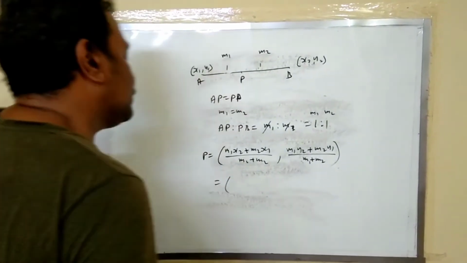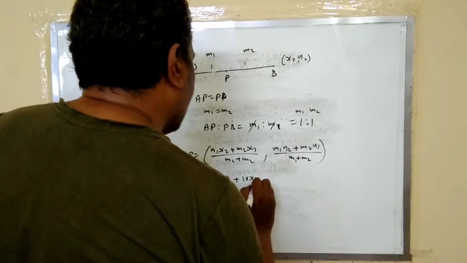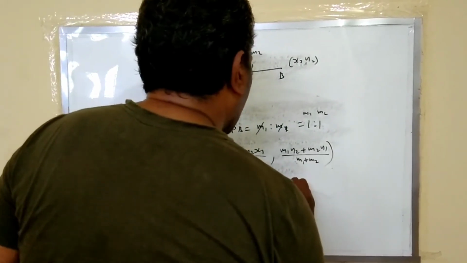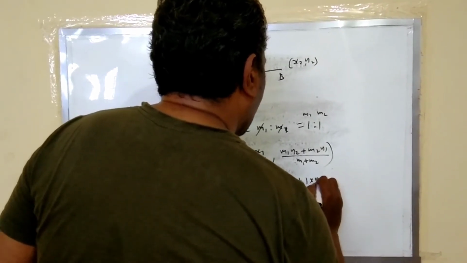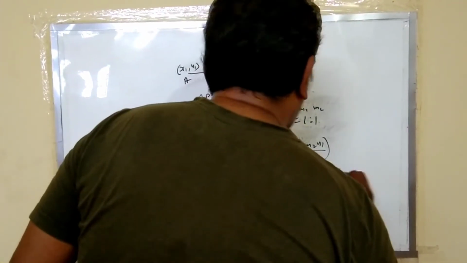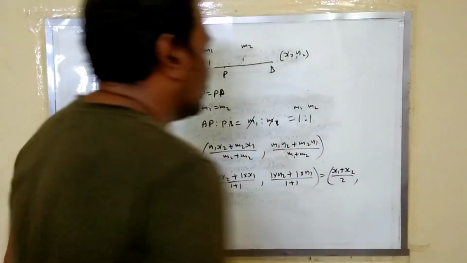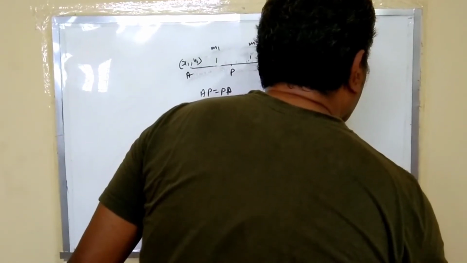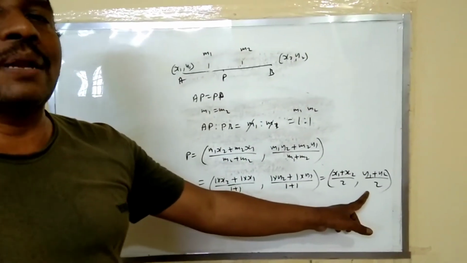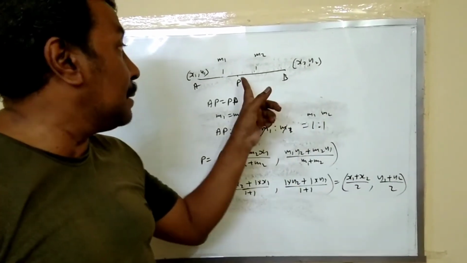Applying 1 into x2 plus 1 into x1 by 1 plus 1, and 1 into y2 plus 1 into y1 by 1 plus 1, finally we get (x1 plus x2) by 2 and (y1 plus y2) by 2. This is the final formula if P is the midpoint.